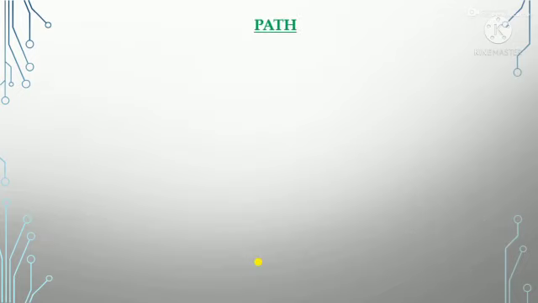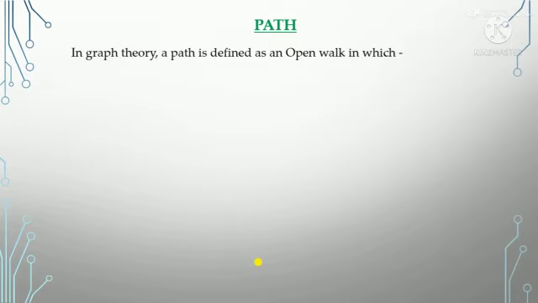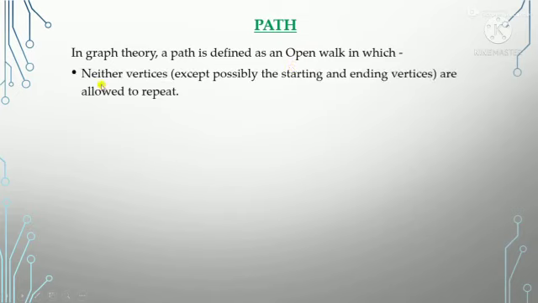Now the second one is path. So what is a path? In graph theory, a path is defined as an open walk in which neither vertices are allowed to repeat except possibly the starting and the ending vertices.